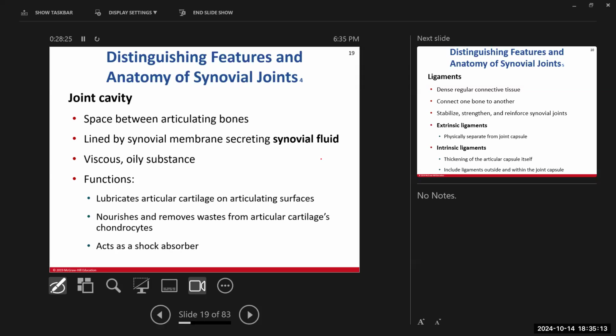It also acts as a shock absorber. Much like you see shock absorbing properties with articular cartilage, the synovial fluid also does that.